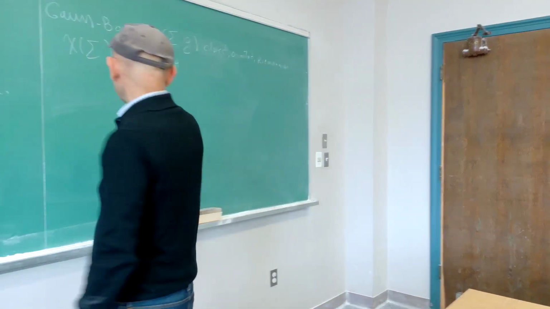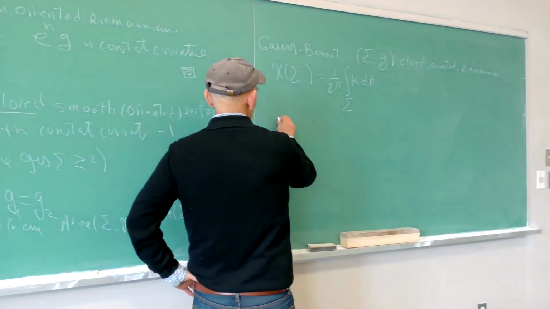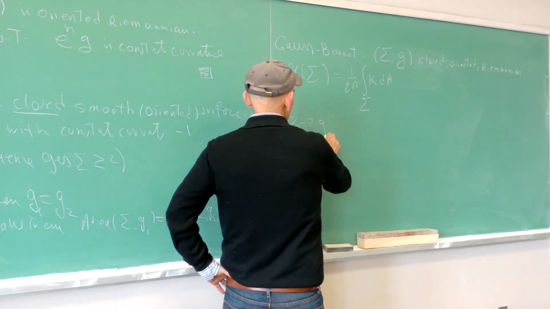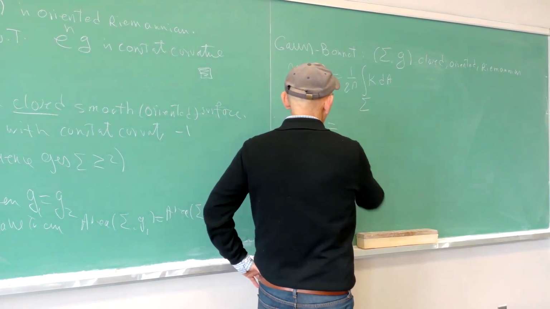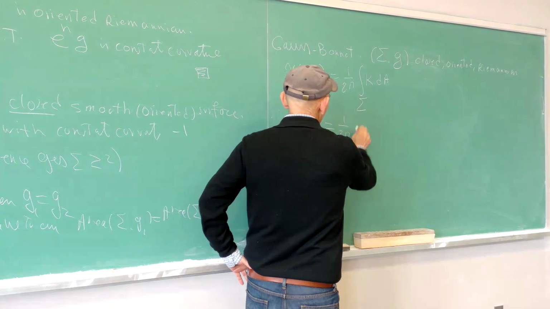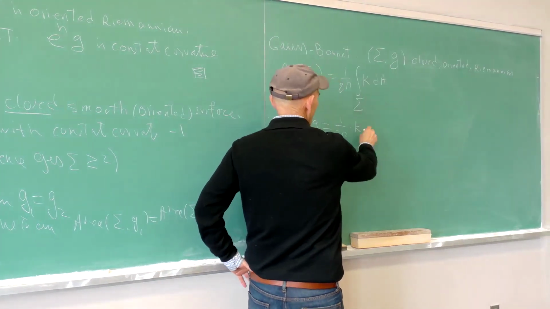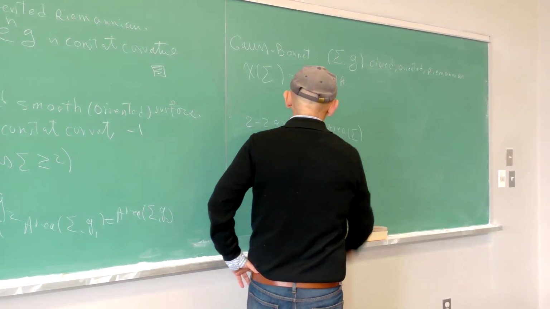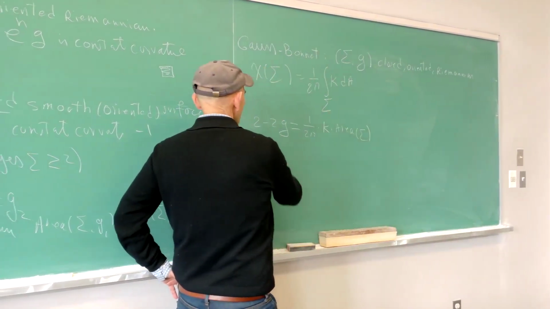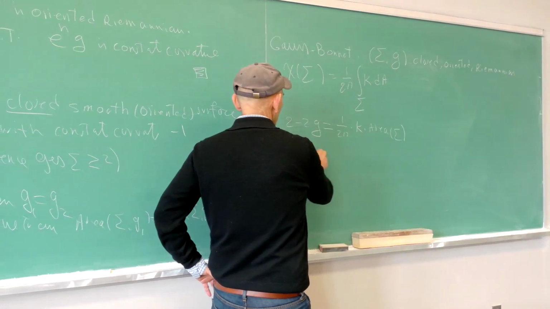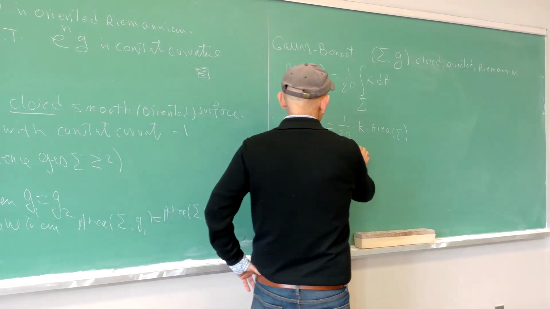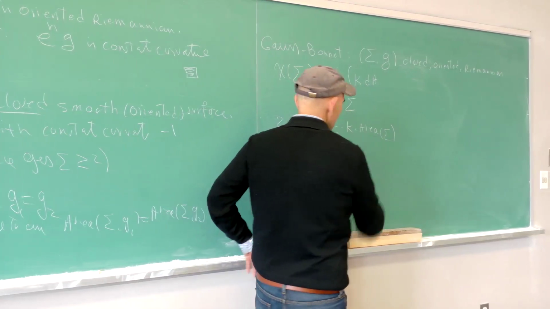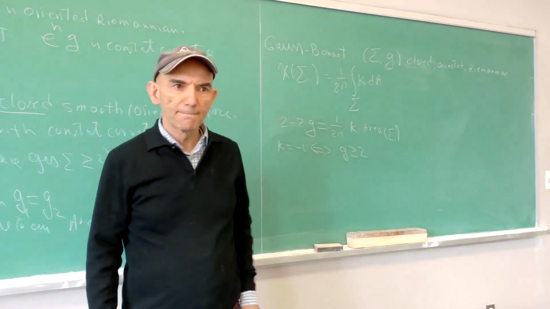So if you just put this in, you get 2 minus 2g is equal to 1 over 2 pi, if it is constant, K times the area of sigma. So K is equal to -1 if and only if g is bigger than or equal to 2.